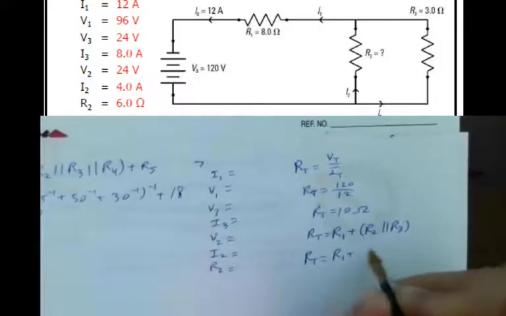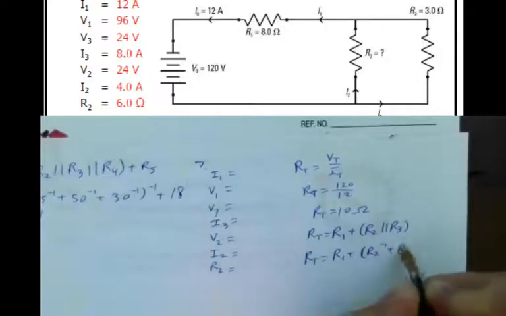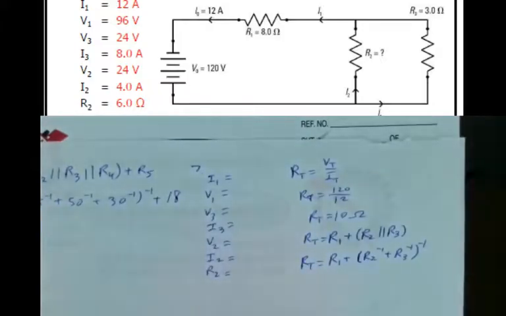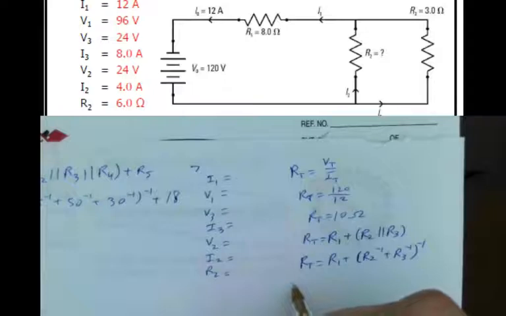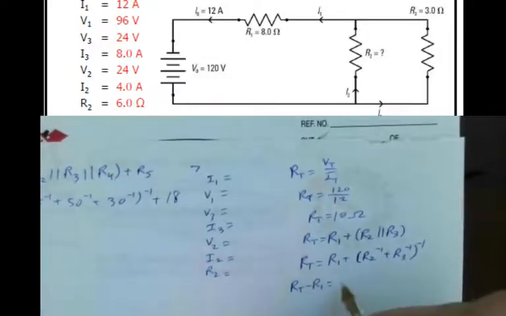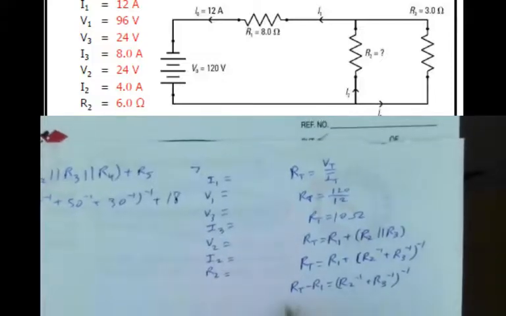R1 plus (R2 to the negative 1 plus R3 to the negative 1) to the negative 1. We need to isolate for R2 in this case. So we have RT minus R1 on this side of the equation, and R2 to the negative 1 plus R3 to the negative 1. I can reciprocate both sides of the equation.